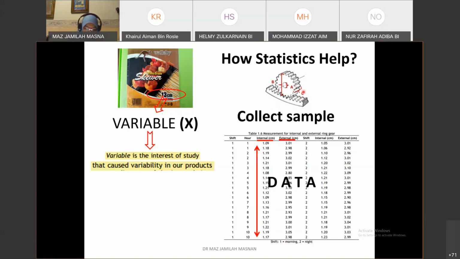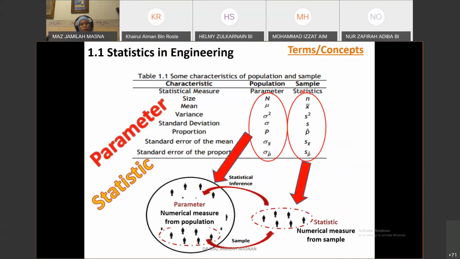Now, whenever we say population and sample, we know the distinction. Population is the entire subject of my study, and my sample is a subset of the subject of my population.